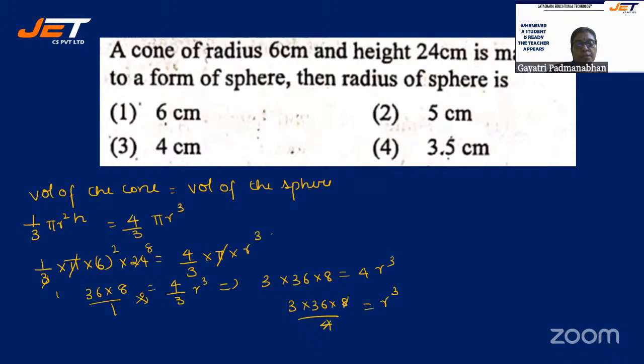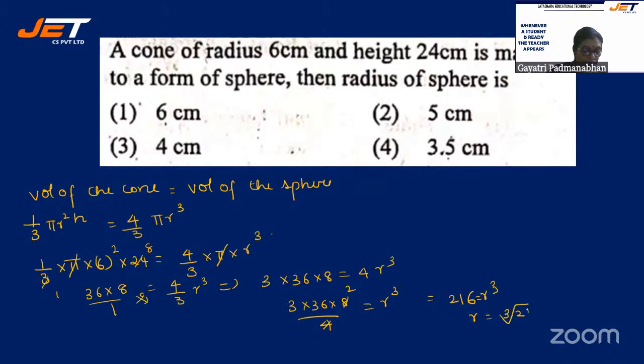4 twos are 8, so 3 twos are 6. 6 sixes are 36. 6 threes are 18, 19, 20, 21. So 216 is equal to r cube. So what is r?